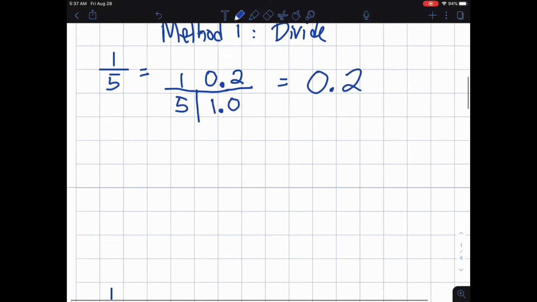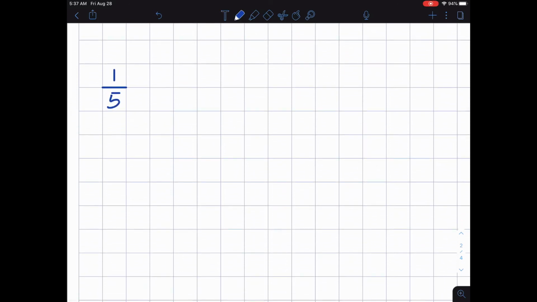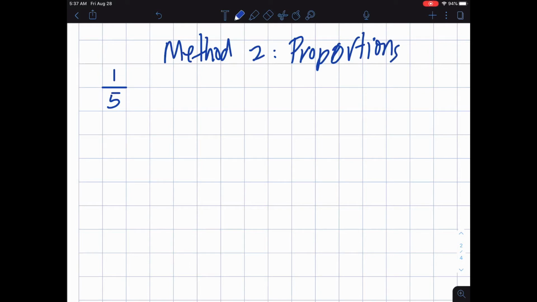Now what's method 2, Mr. Cruz? The method 2 is what you call proportions. So when you do proportions, as you remember from your previous math, you have to write down two equal fractions.